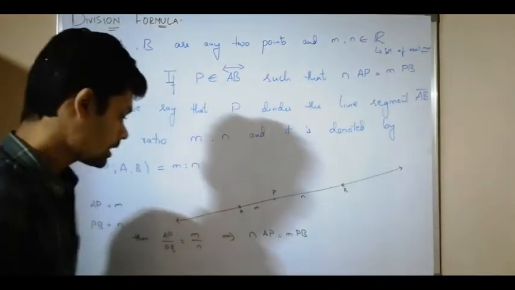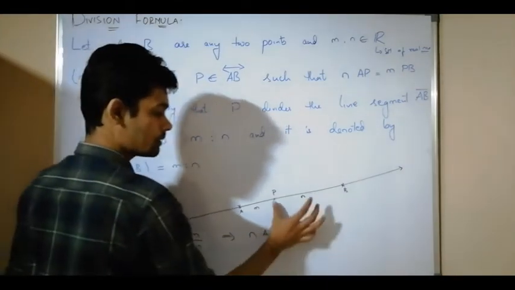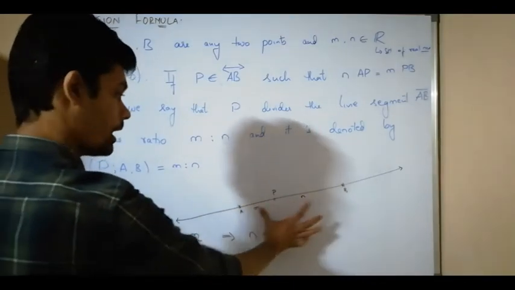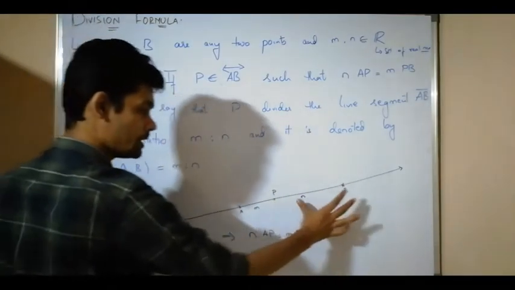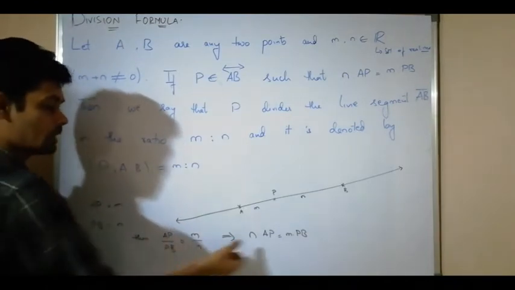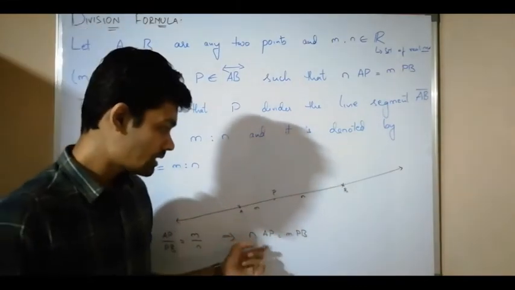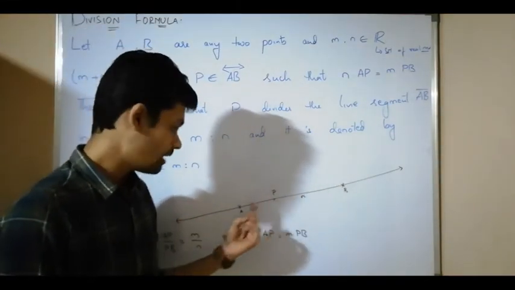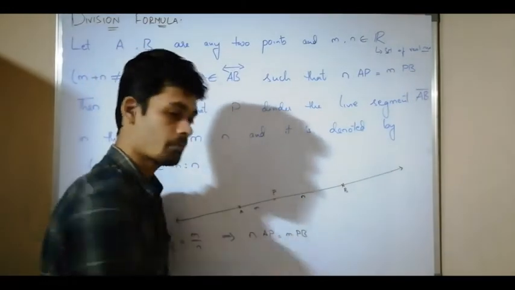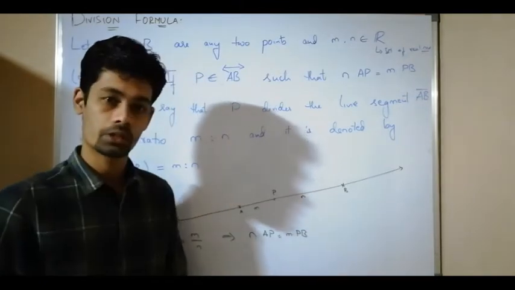AP is the distance between A and P, PB is the distance between P and B. The distance AP by PB is equal to m is to n. Cross multiply, and we get this. Then we say that P is dividing the line segment AB in the ratio m is to n.